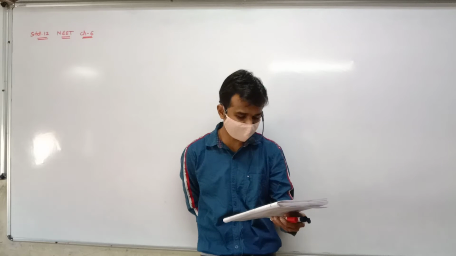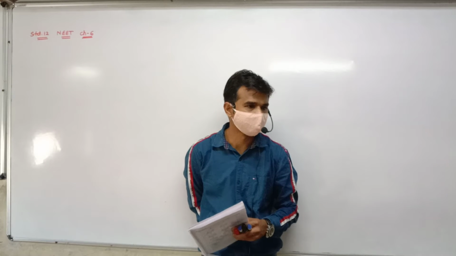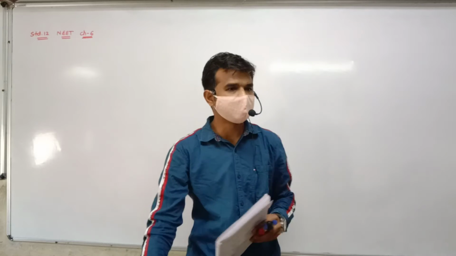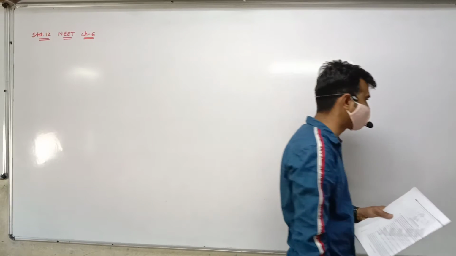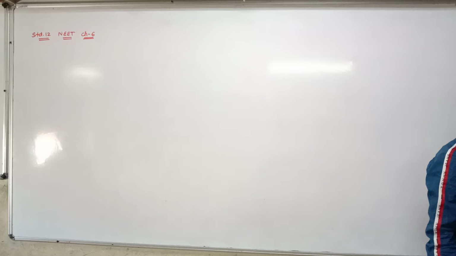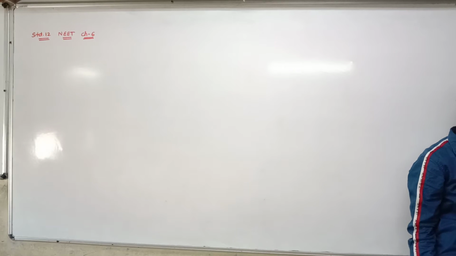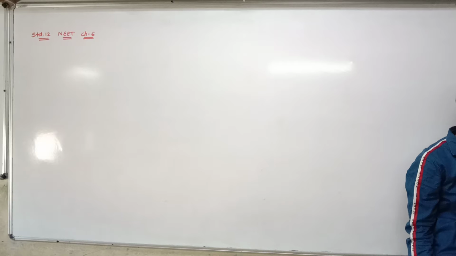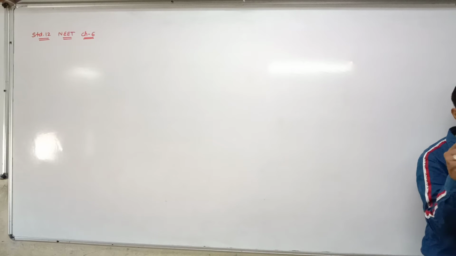So the first phase is infection. See in the chart, the first phase is infection. The E. coli bacteria is infected by the bacteriophage, T2.